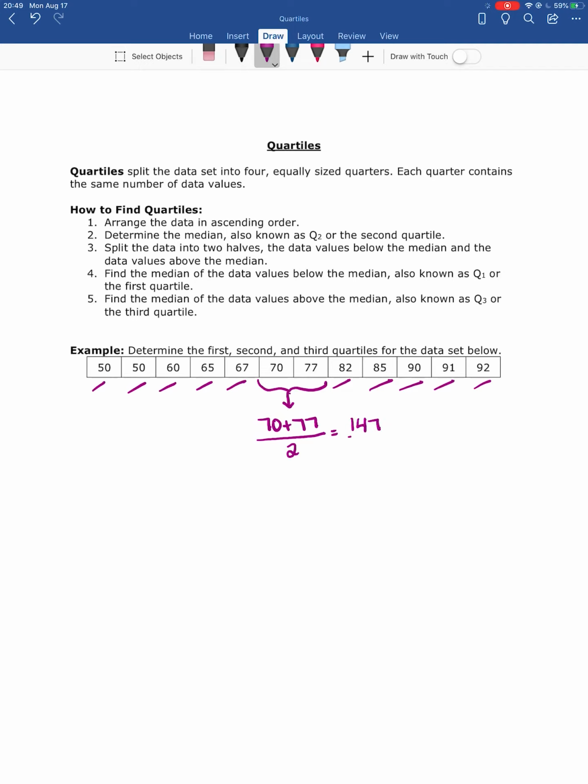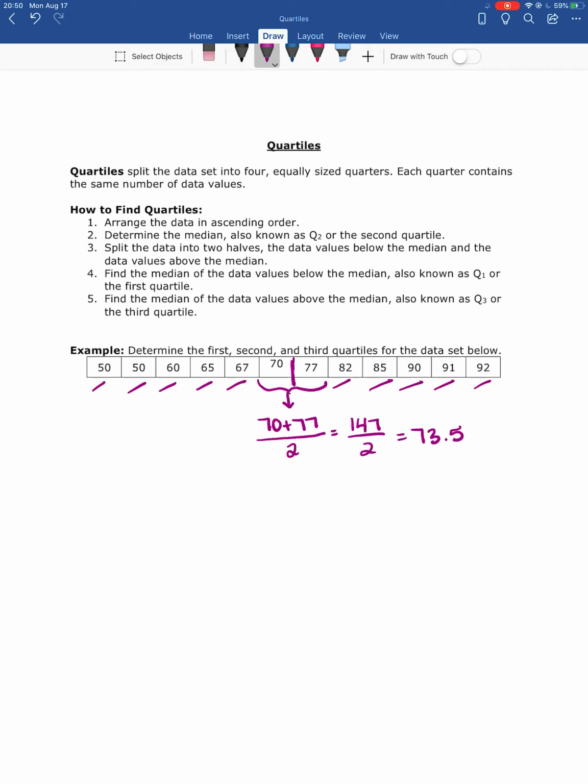So we get 147 over 2, which is a median of 73.5. So the middle value here is 73.5, and that falls right here. That's where our median is.